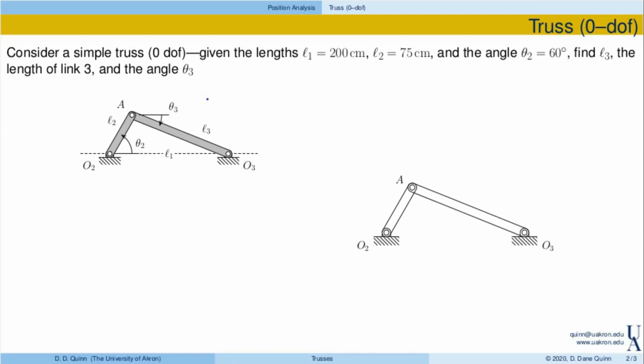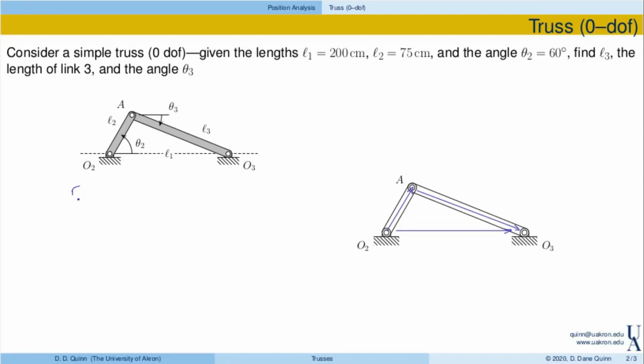So we'll start off and identify the loop closure equation, define directions, take components, end up with equations, and solve. The loop closure equation is where we always start. It's the closed kinematic loop that we can identify that describes the constraints. So here, this closed kinematic loop will basically follow these links. So the vector from O2 to A plus the vector from A to O3 is equal to the vector from O2 to O3.